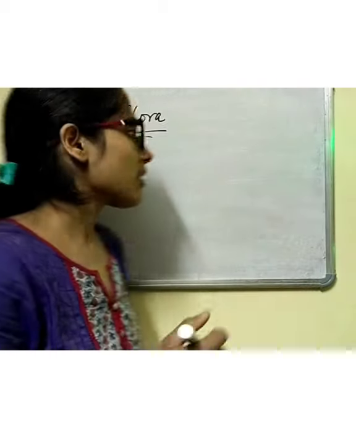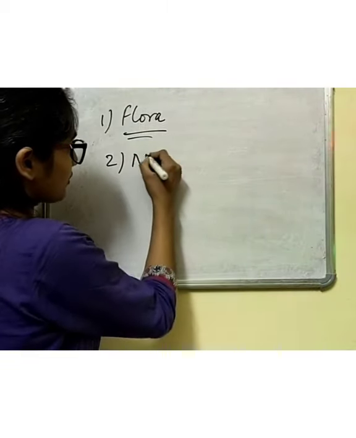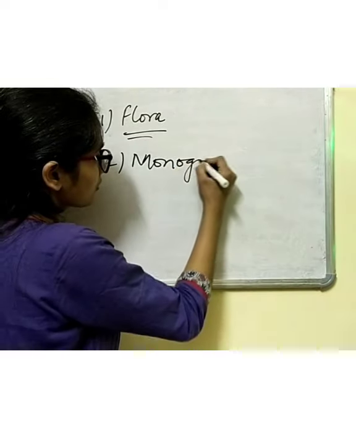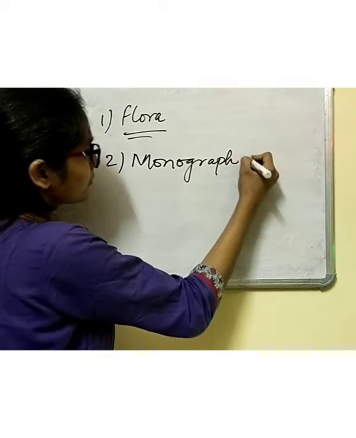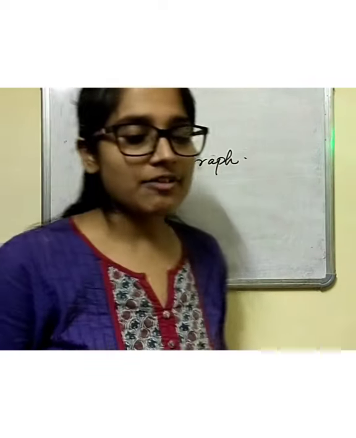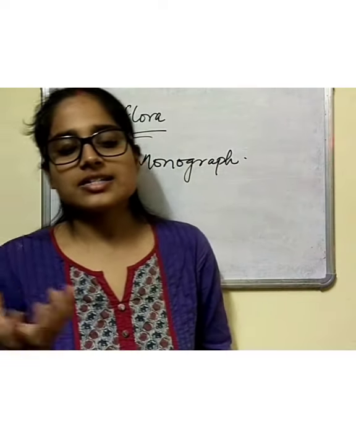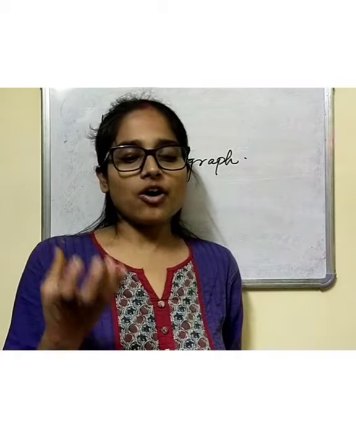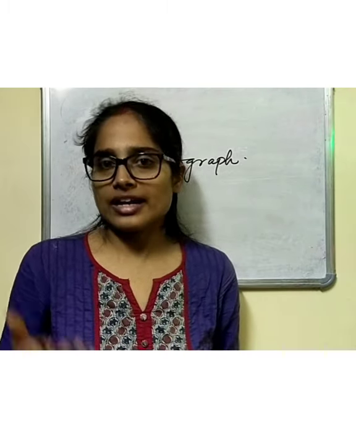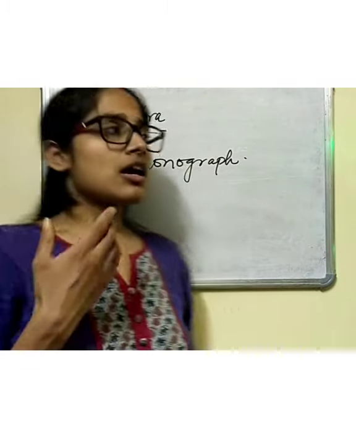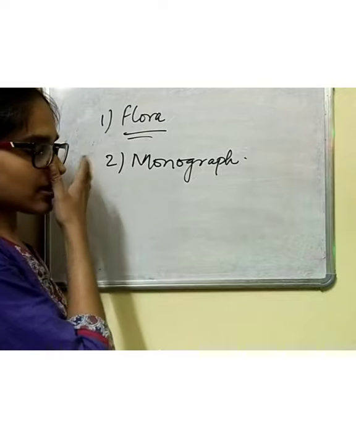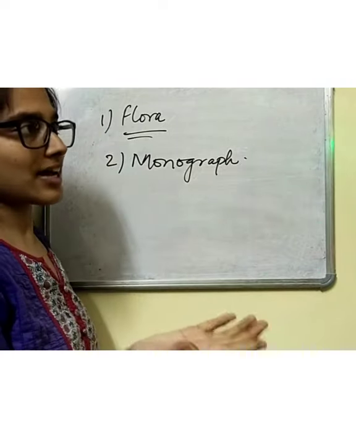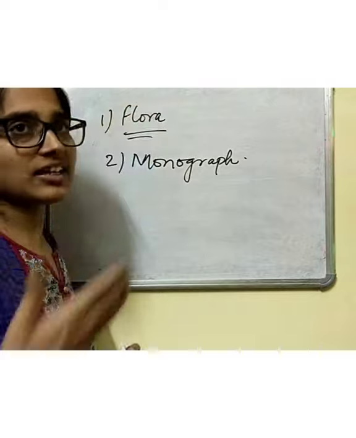Now the next is monograph. What is a monograph? It is a handbook which provides information on any taxon or any family or genus. A monograph is a handbook on particular taxa, which may be of any rank.